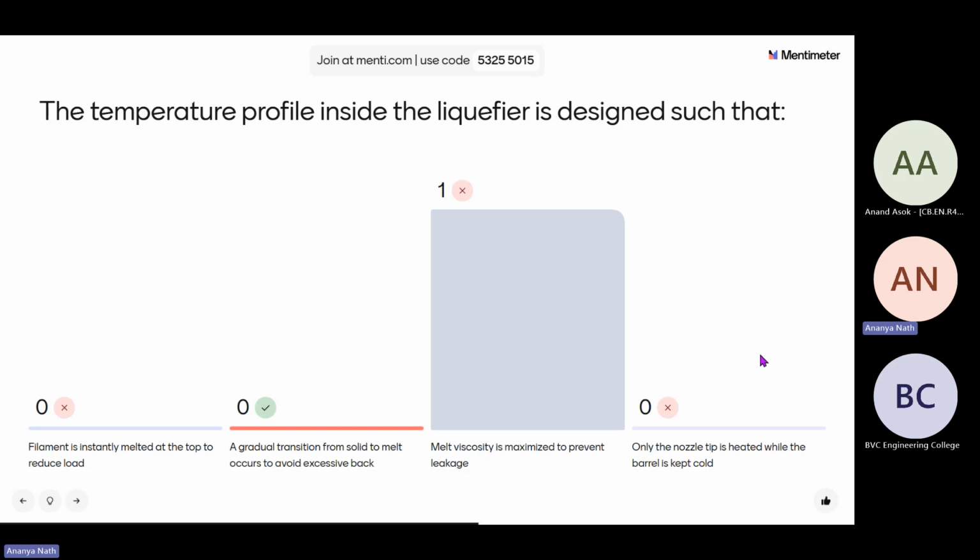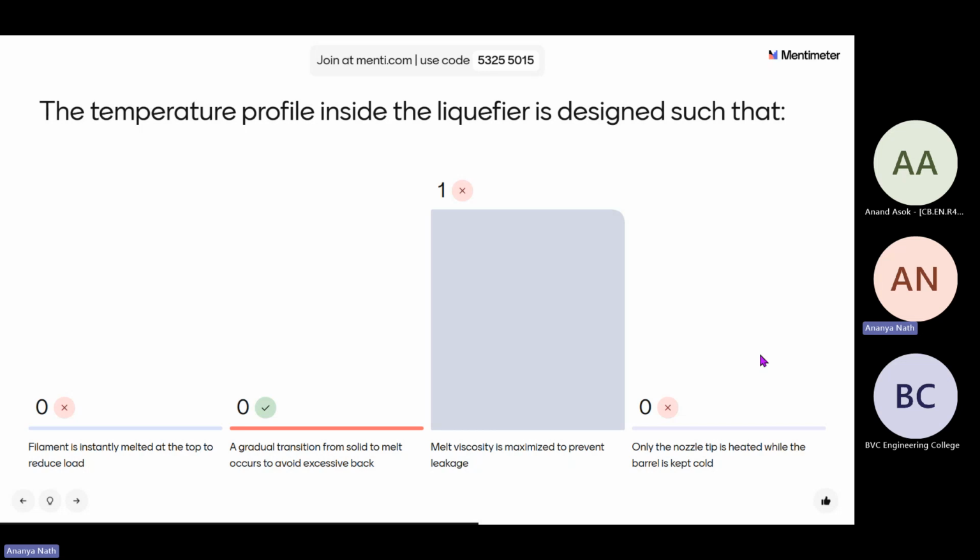Melt viscosity is minimized to prevent, or melt viscosity is maximized to prevent leakage. See, viscosity is there, if you put the temperature, it's correct, but the gradual transition is there, which is forming because the solid to melt occurs to avoid excessive pressure drop. That is also one thing.